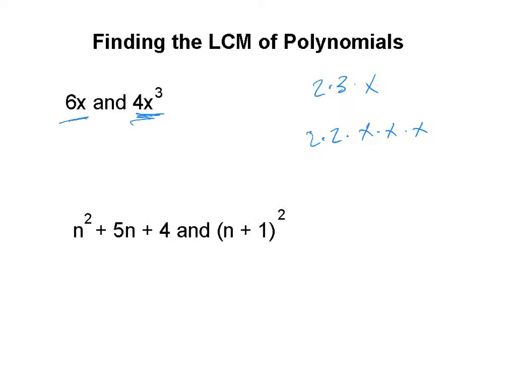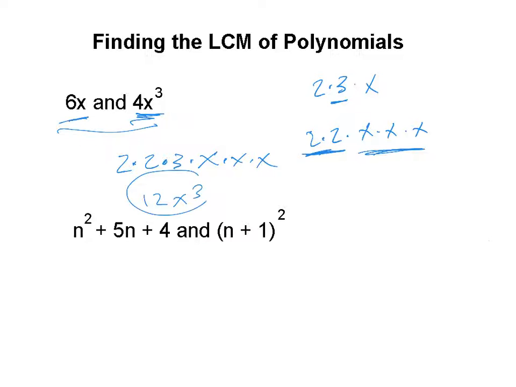So notice the number 2 appears 2 times the most. The factor 3 appears 1 time, and the factor x appears the most, 3 times. And so our least common multiple of these two would be 4 times 3 is 12, x to the third.